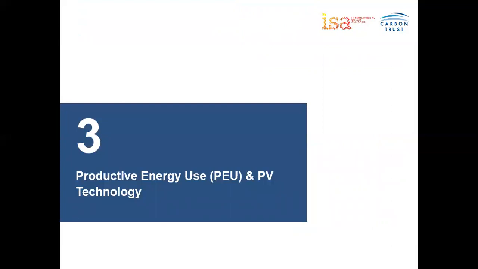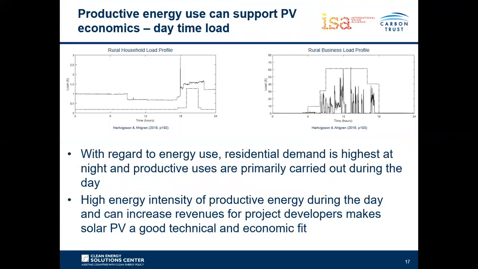So how does solar PV technology offer a potential solution to this problem? Productive energy uses, we can see, are very well suited to the solar PV production profile. In the top right, that graph shows a rural business load profile, which would be representative of a productive energy user, such as those mentioned in the previous slides.